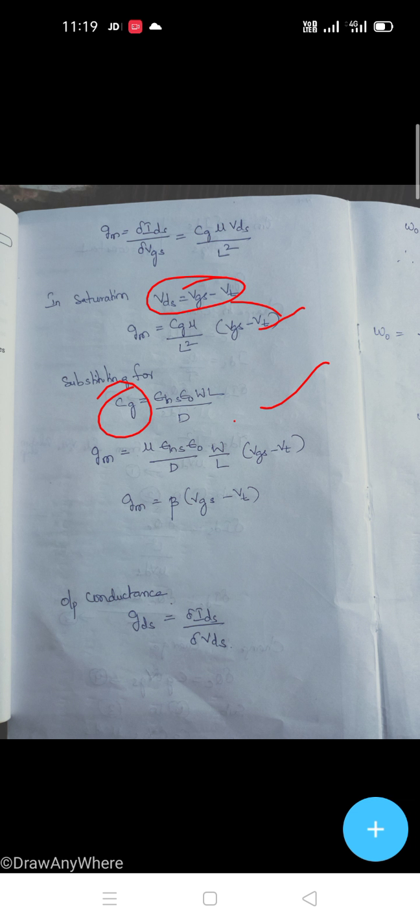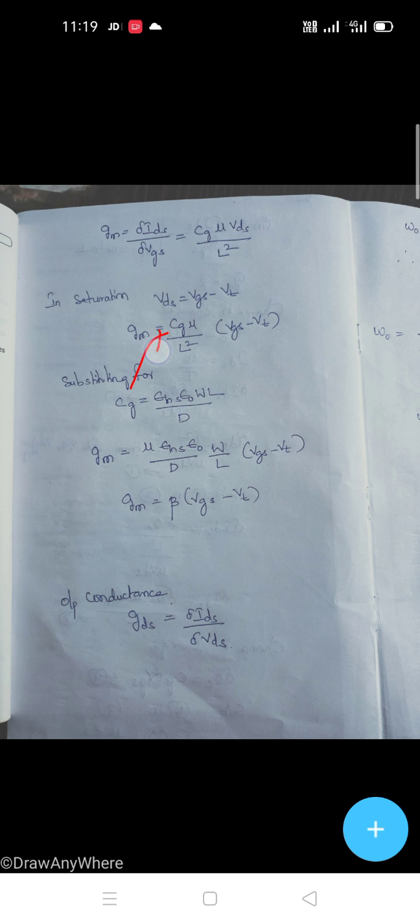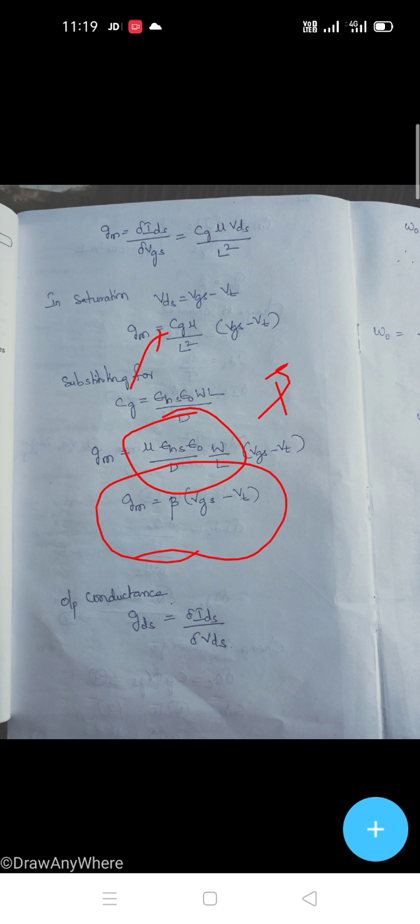Substituting the Cg value in GM, we get the final GM is equal to mu into epsilon into epsilon naught by D into W by L into VGS minus VT. This factor we have already taken as beta in the IDS versus VDS relationship, so commonly we can write GM is equal to beta into VGS minus VT. This is the equation for transconductance GM.